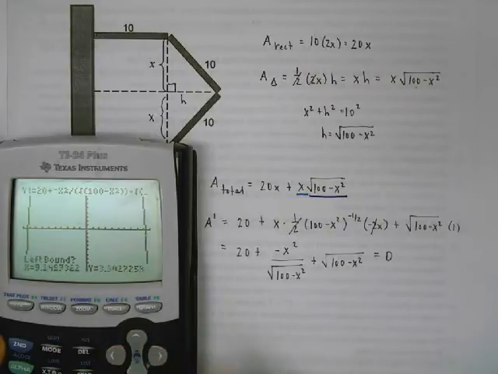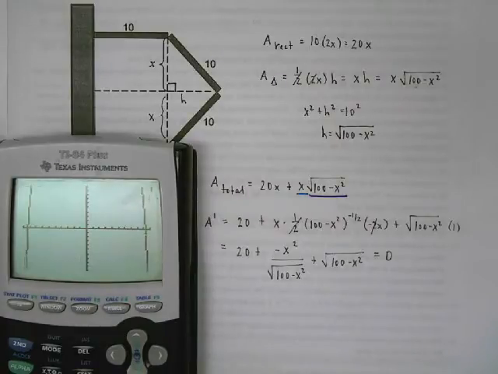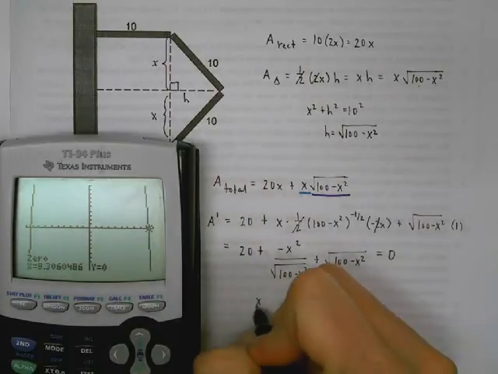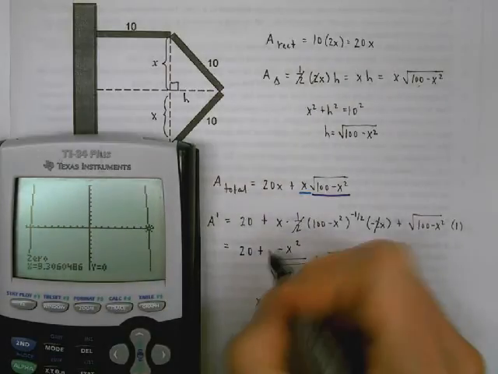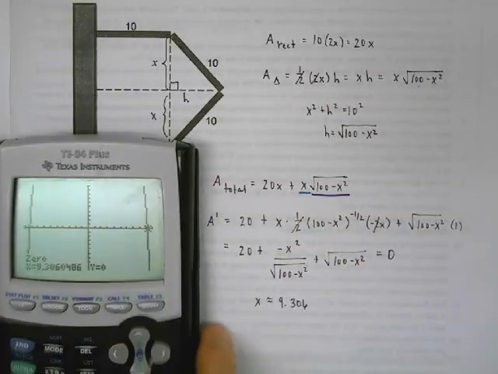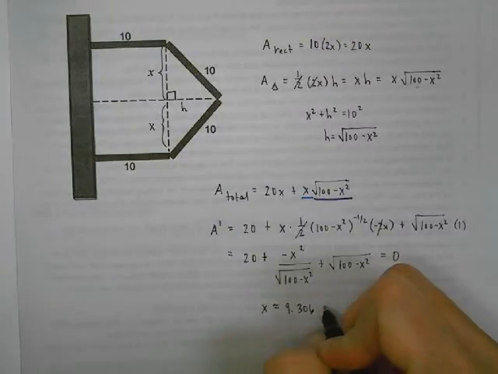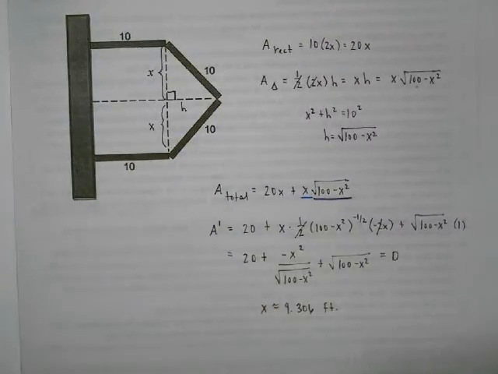There we go. So I'm going to stay above the y-axis there. Then my right bound, I'll go below the y-axis. Hit enter for my guess. And to 3 places, we have x is approximately 9.306. So that tells me this value of x here is approximately 9.306 feet.